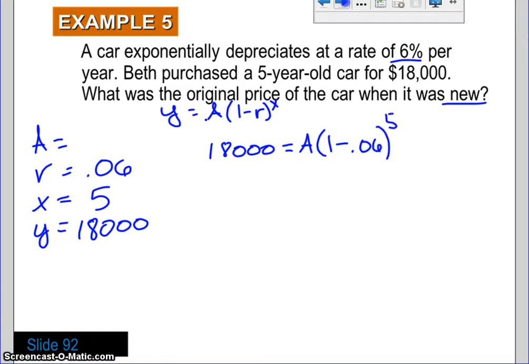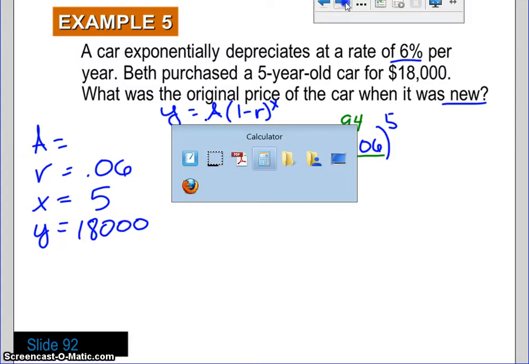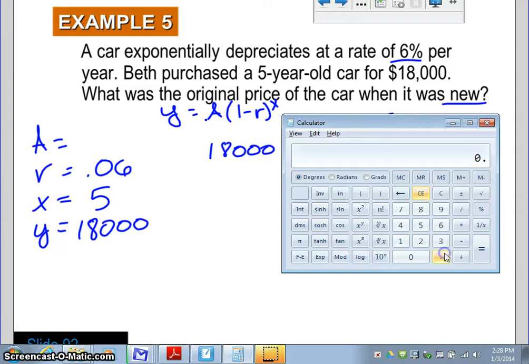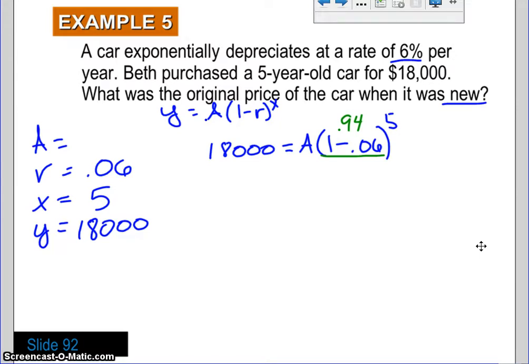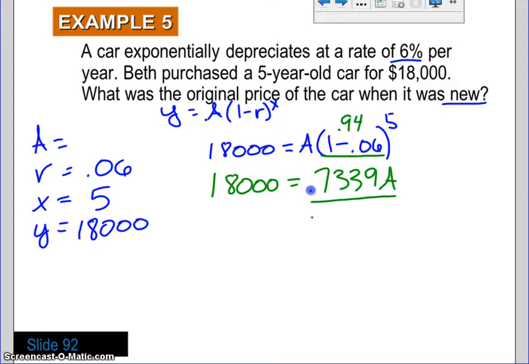Now when I take 1 minus 0.06, I get 0.94. And 0.94 to the 5th power, let's go to the calculator, gives me 0.7339. So I get 0.7339 times the new car value equals 18,000. My last step is to divide both sides by 0.7339.